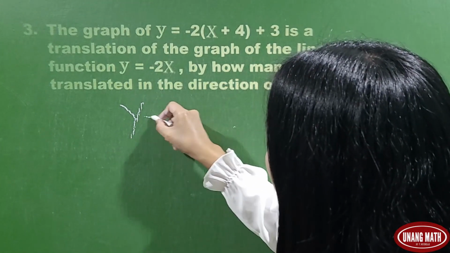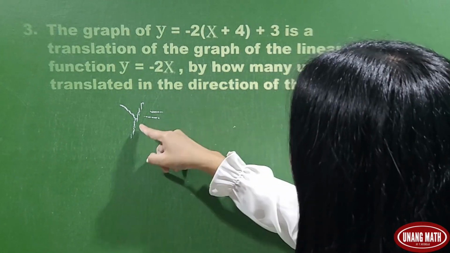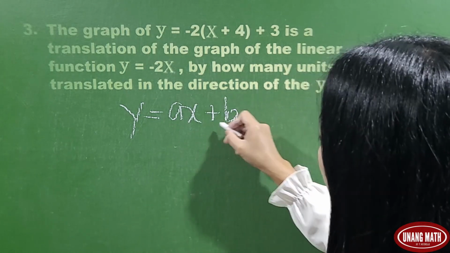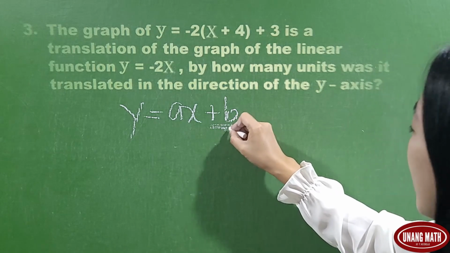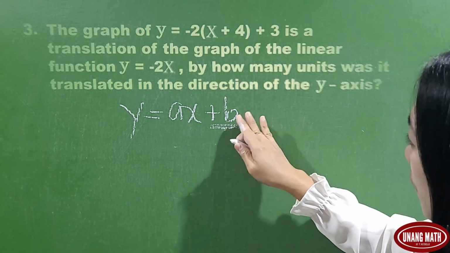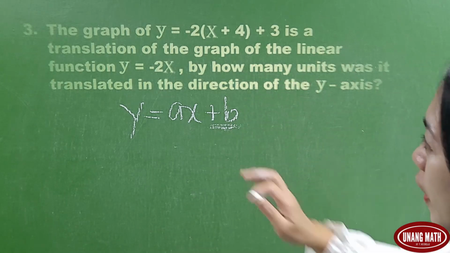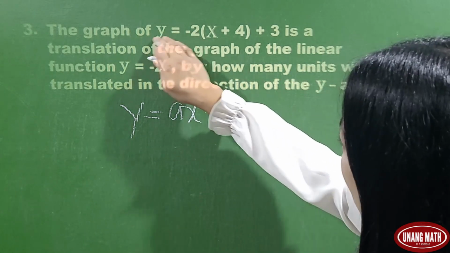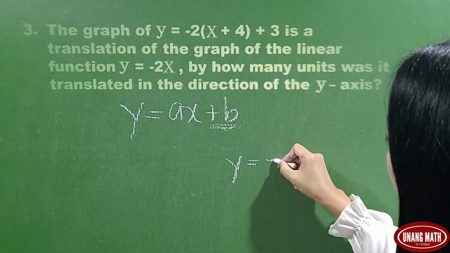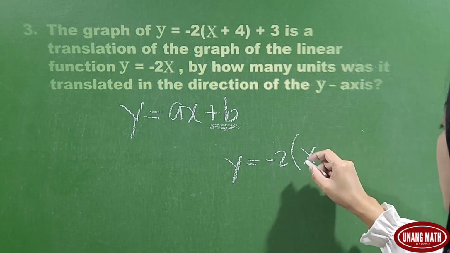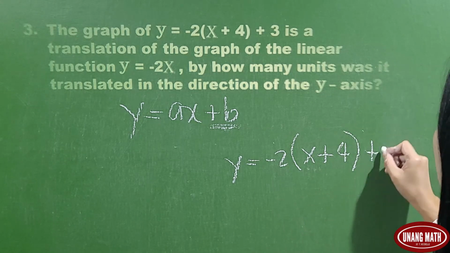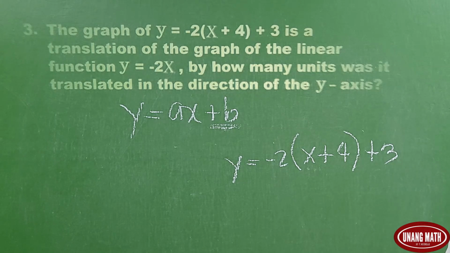Take note, in the function y = ax + b, the value of b is the number that we are looking for. So let's get this function y = -2(x + 4) + 3.